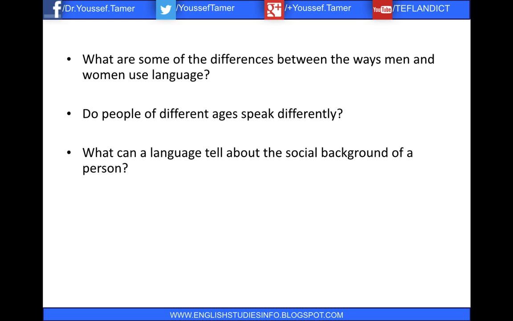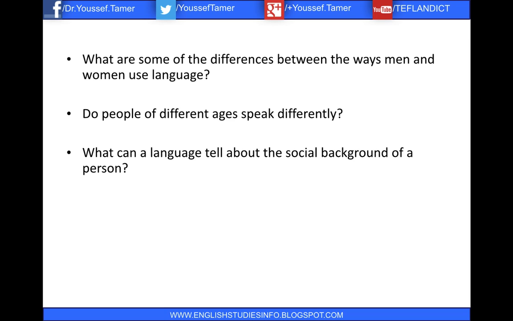What can a language tell you about the social background of a person? I'm sure that when you meet people for the first time, you can guess their social background.